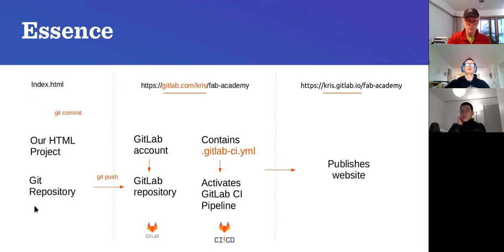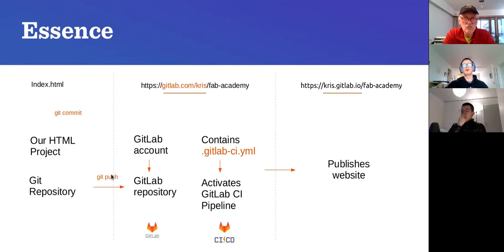Here on the left side, we see what we got so far. Let's say we have our own repository with our HTML page or set of pages, a Git repository basically. Whenever we make a set of changes, some commits with the git commit command, we are finally ready to deploy.